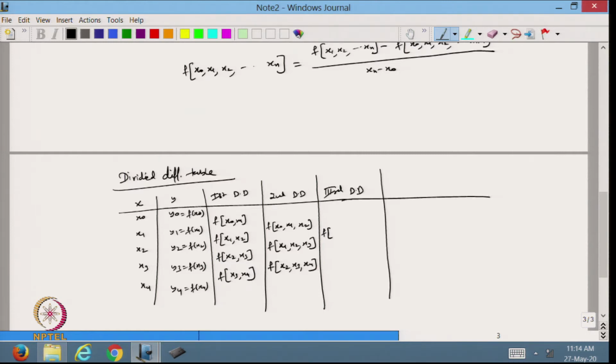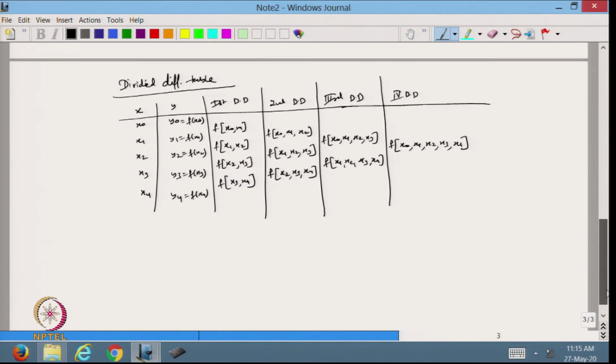So this is f of x0, x1, x2, x3 and this is x1, x2, x3, x4. And the last one is the fourth one. So that will be the only one value, the constant value. So the fourth divided difference will be x0, x1, x2, x3 and x4 using all these values together. So this is the way we can write the divided difference table.